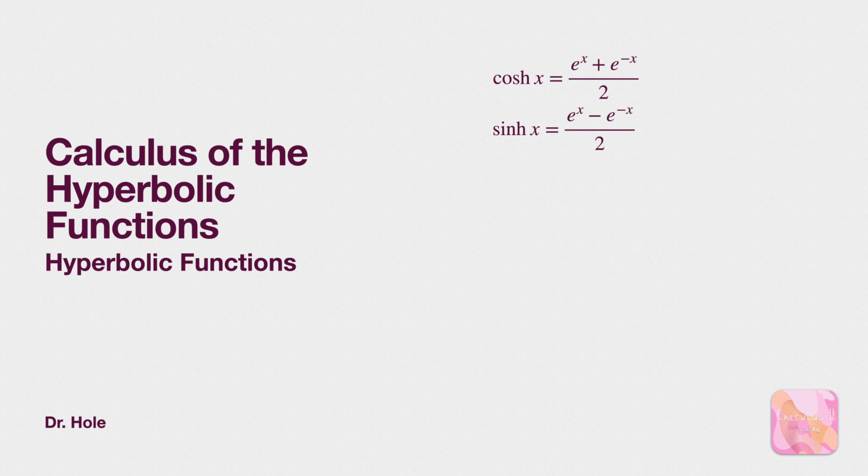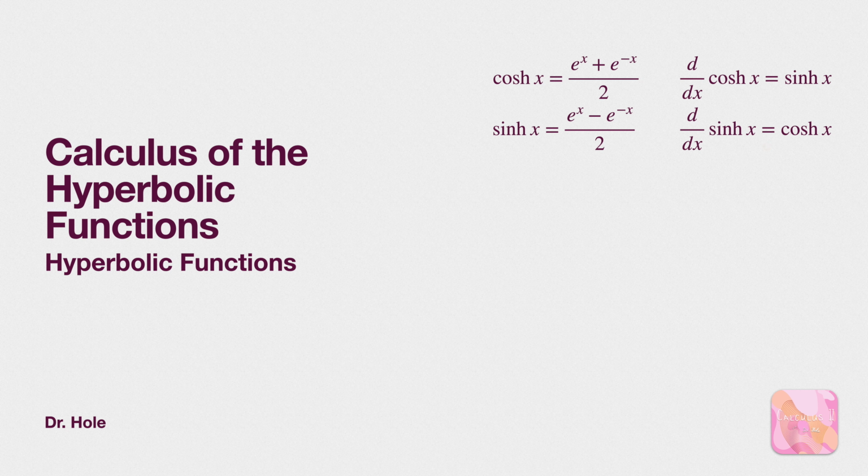On the other hand, the derivative of cosh is sinh, and notice that there is no minus sign. And that is in contrast to the derivative of cosine, which produces a negative sine. So we have a definition, and then we have a derivative of the function.